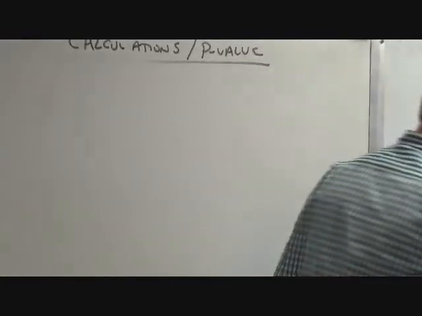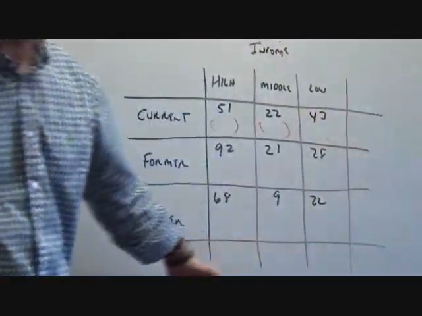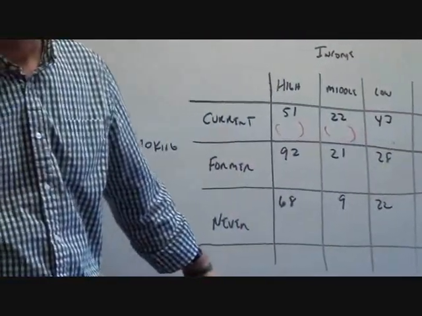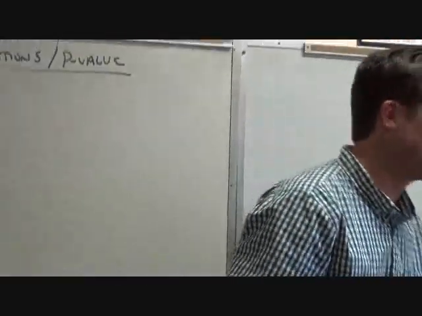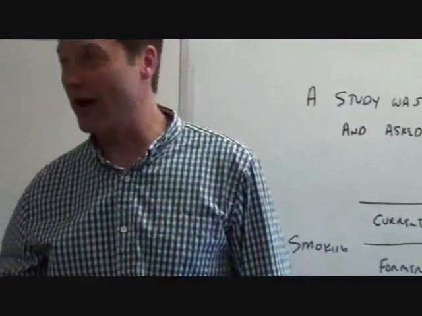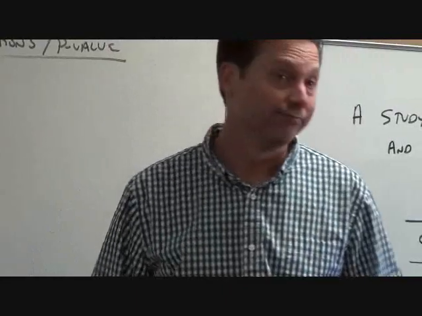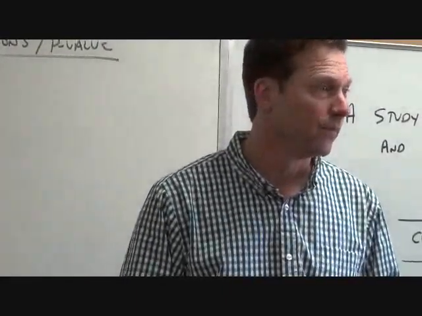Okay, you've got your happy button. So you're going to be able to put all those expected values in there. Make sure you just write down your row and column totals. You're going to be able to write the chi-squared, show 3 of them, show this one, and the last one. Happy button gives you that chi-squared. Draw your picture and write your conclusion. Nothing changes in what we've been doing.